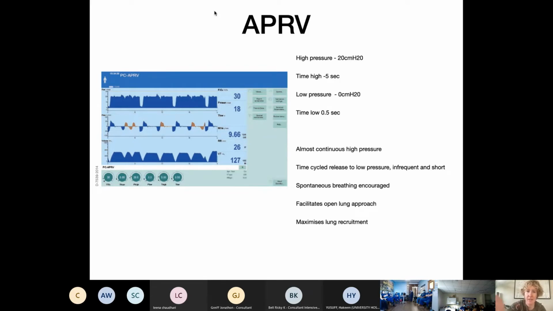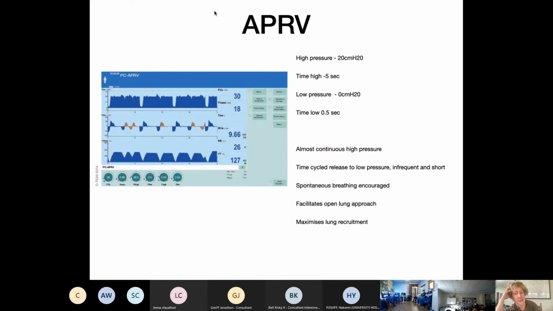You set a P high, so high pressure, which might be around 20 to 30 centimeters of water, somewhere in that ballpark, and a T high of about 5 seconds, and then a low pressure, a P low, which is usually 0, and a T low of 0.5. So it cycles between quite a high pressure for a more prolonged period of time and a low pressure for a very short period of time. So you get almost continuous high pressure.